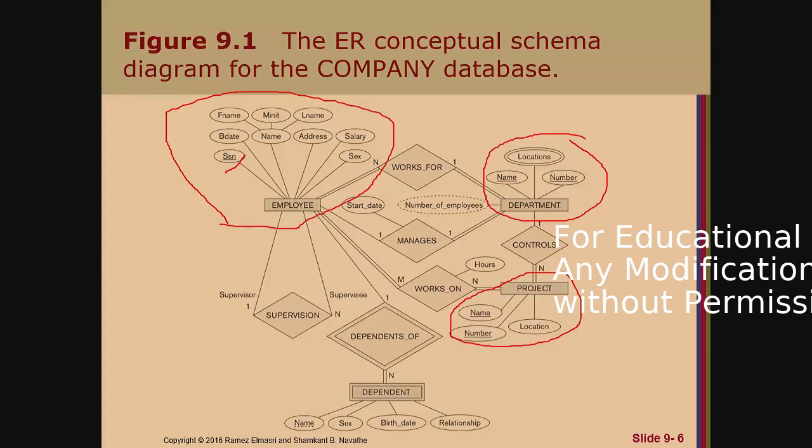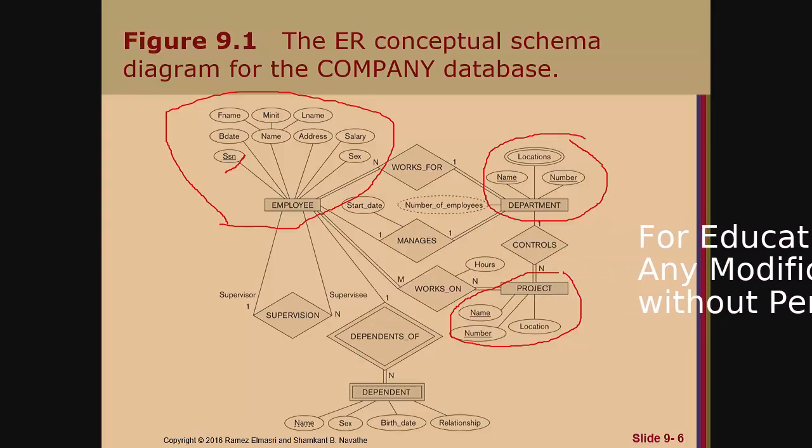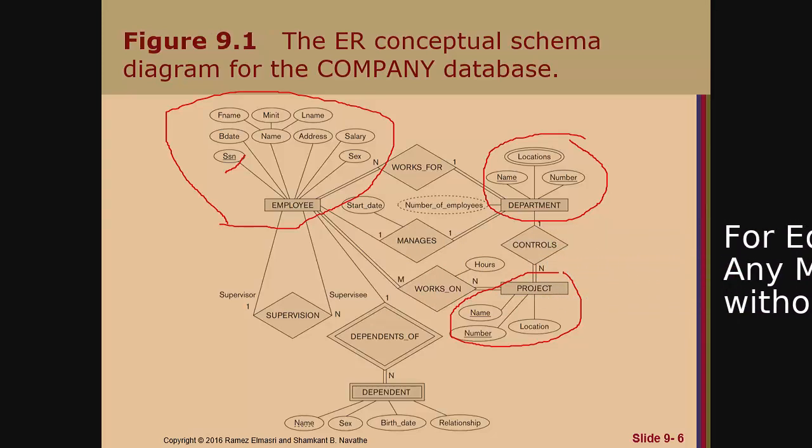How many? We have 1, 2, 3, 4, 5, 6 attributes, but one of them is name. We call this kind of attribute a composite attribute. And the name includes first name, middle name, and last name.